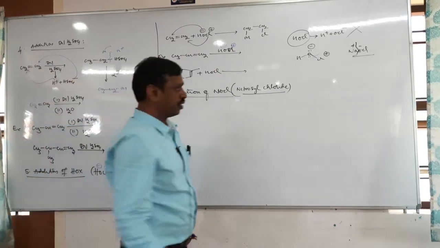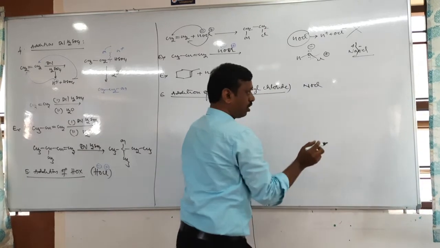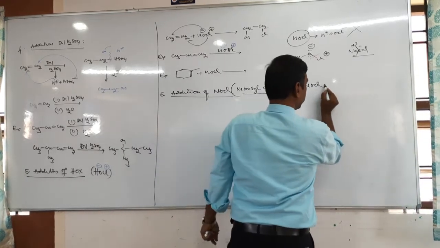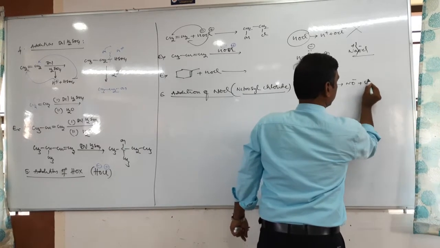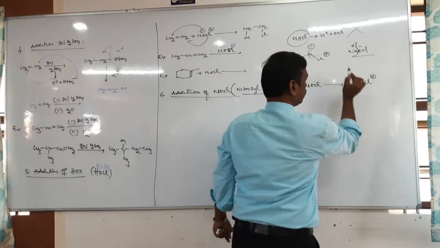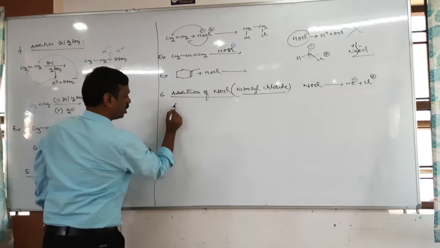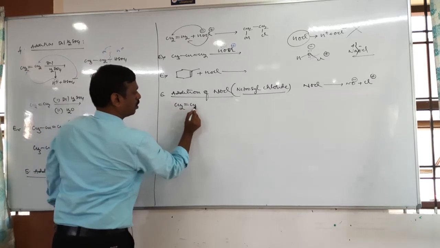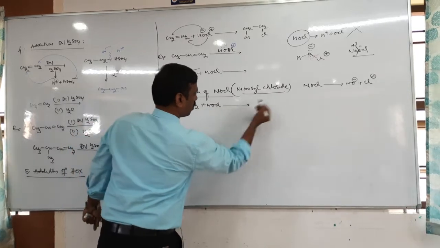Similar to HOCl, nitrosyl chloride also dissociates the same way. NO becomes NO minus and Cl becomes Cl plus. So it is also added just like HOCl. Complete the reaction.